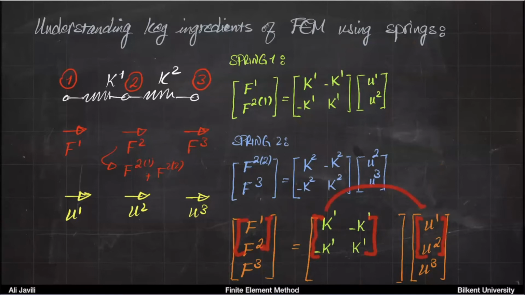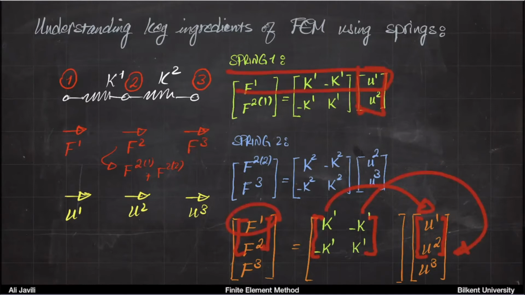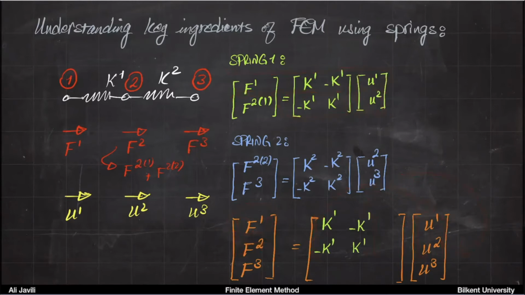Because now this would multiply with U1, this would multiply with U2, you get F1. So this is exactly what you would have here. And then the same with the second one. Okay, those are the components from the green system. Now, if you think about the blue system, the blue system is going to be here. So it's going to be a connection between points 2 and 3. So we want to also do that now.